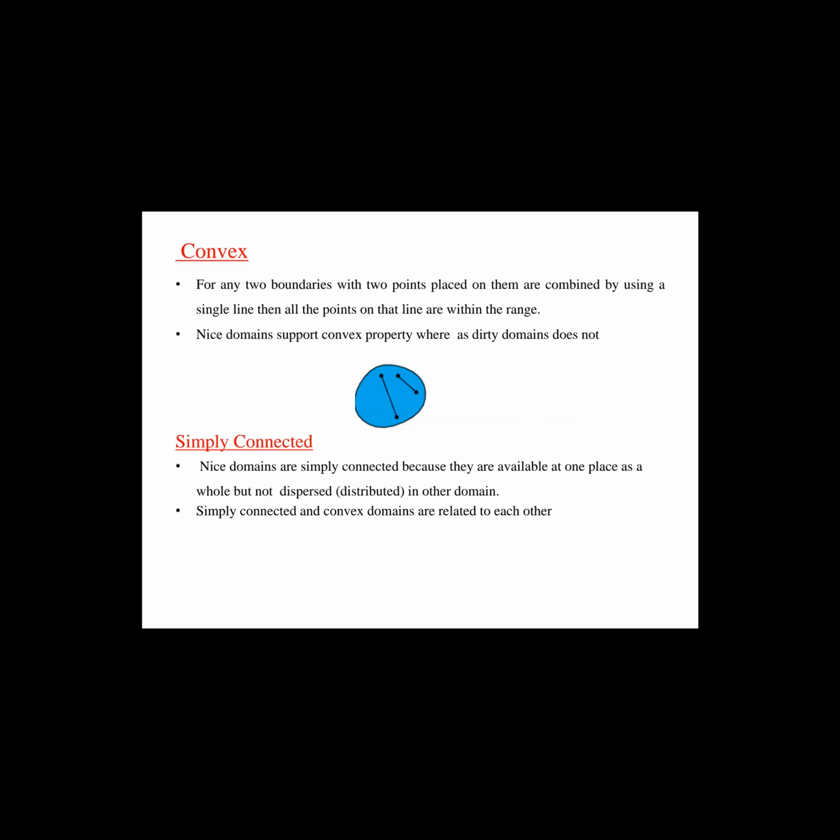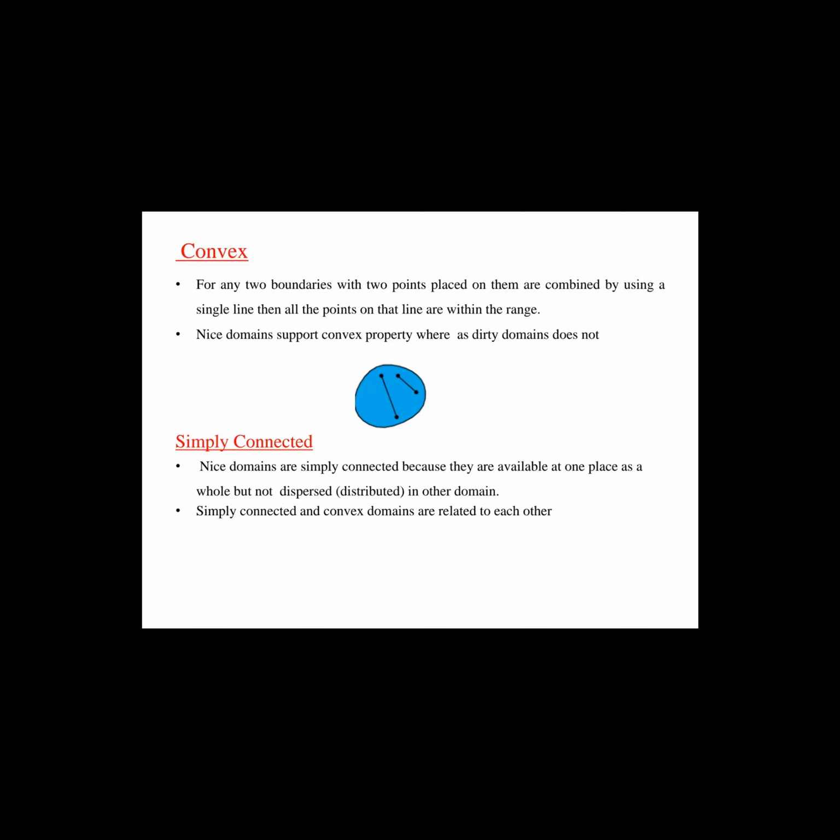Those points have to be within the boundary range. Then it is called a convex point. See, I have taken 4 points and joined 2 points. These 2 lines are in the boundary itself. It is not outside the boundary. Then the representation is called the convex representation.